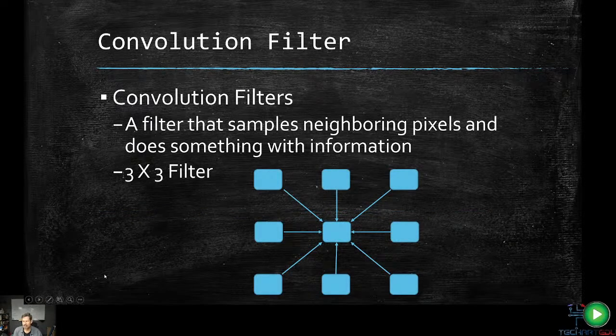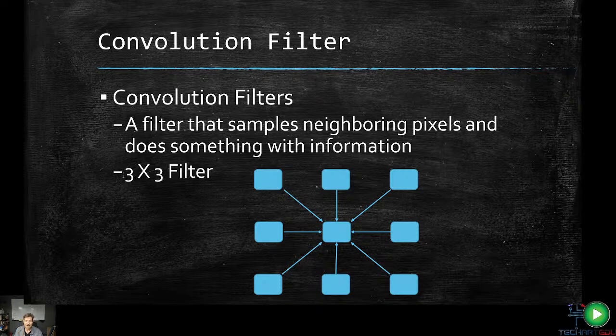Convolution filters are little filters applied by little blocks of a given size, maybe 3x3, 4x4, 5x5. They're usually square, same width, same height. There's a central pixel right in the middle, so the size has to be an odd number, like 3x3, 5x5, 7x7, 9x9.